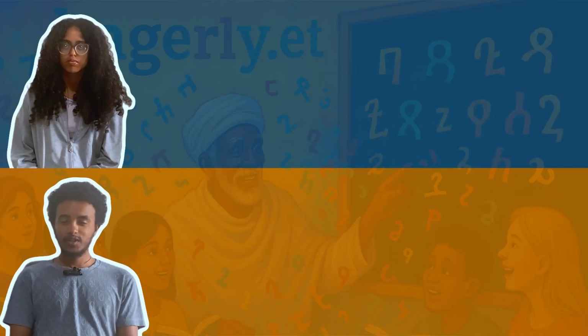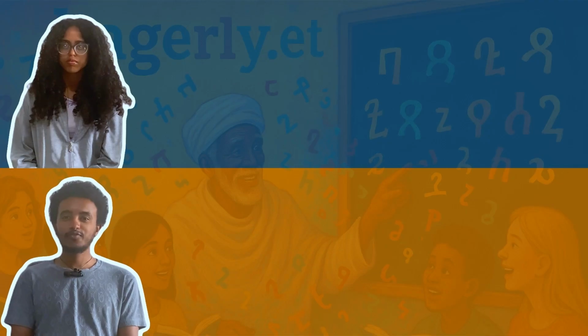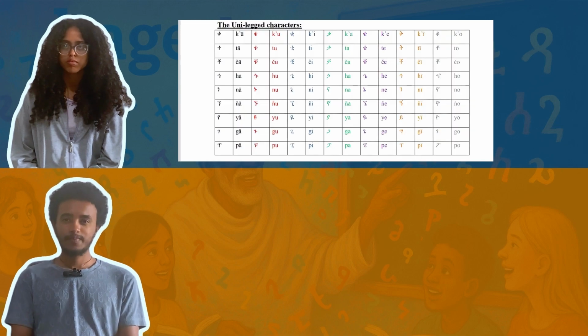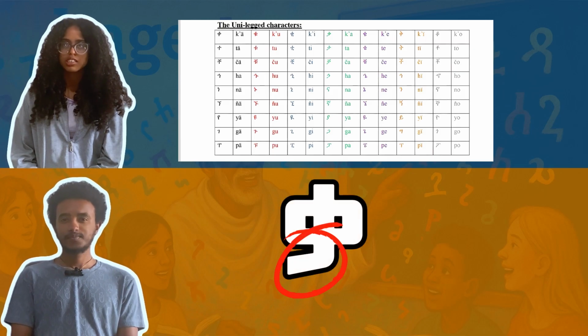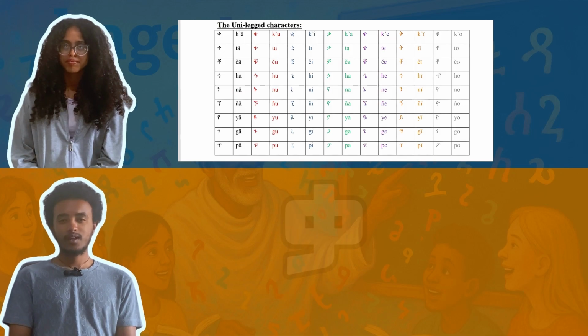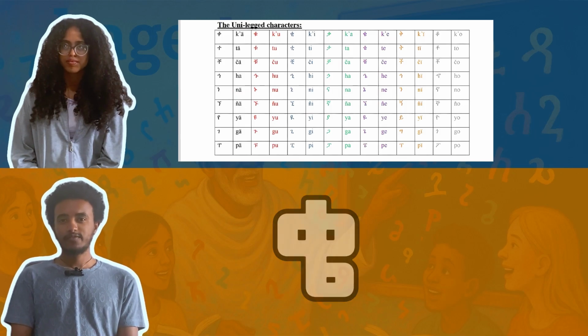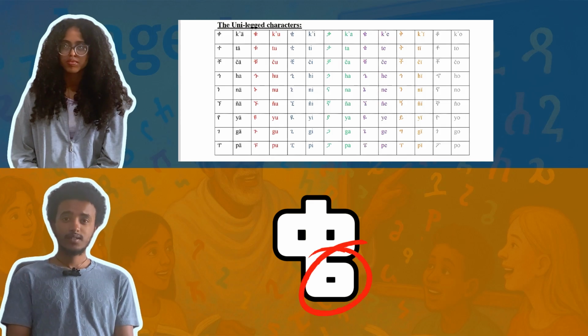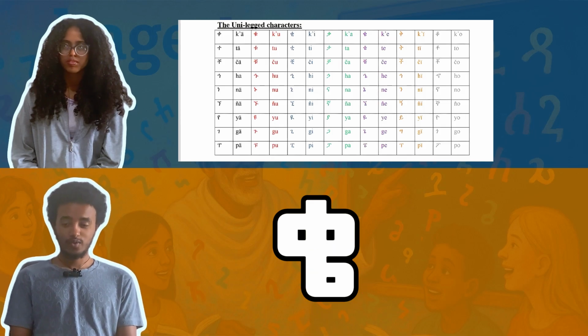Last time, we talked about the patterns for the first three letters of the Amharic alphabet. Today, let's talk about the next four. The fourth letter usually has a leg on the left side. And the fifth letter always has a ring attached to the right side of its leg.